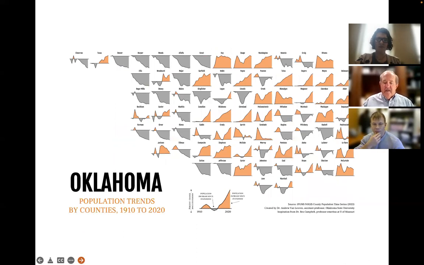This is an additional slide that was developed by Dr. Andrew Van Leuven, who is a faculty member in the Agricultural Economics Department at OSU, and it uses that same data from 1910 to 1920 and presents you a graphic picture. You see those counties that are shaded gray. Those are counties that had their peak population back in 1910, 1920.